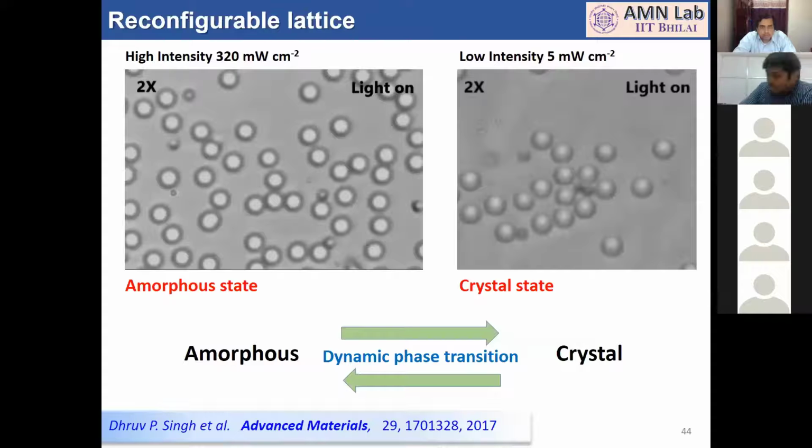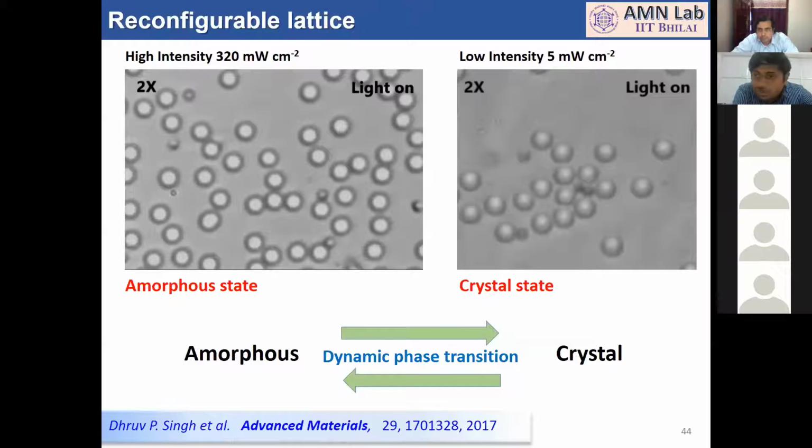So there are people who really work on colloidal systems. They know how difficult it is to work on colloidal crystals as well as glasses, and how difficult it is to see them in a colloidal system. It's really a pain to fabricate crystals or glasses in a system, and going from one state to another is really impossible.